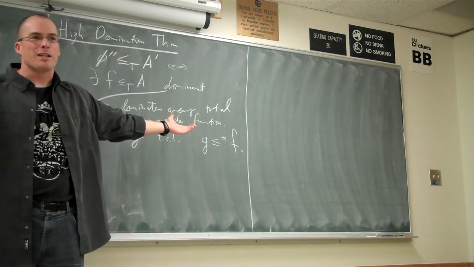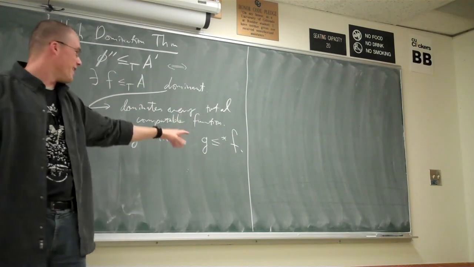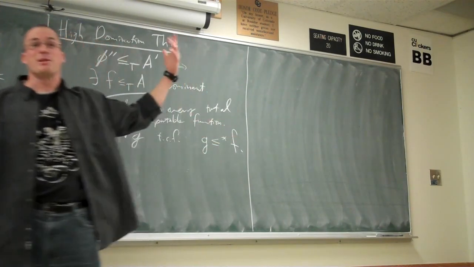Which is clearly as good as you could get because all the constant functions are total computable, and if you didn't leave the star in, there would be no such F.